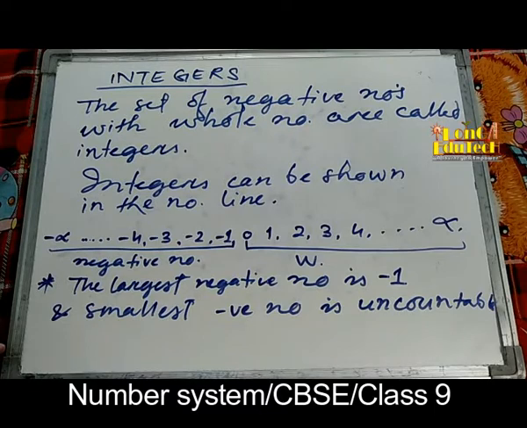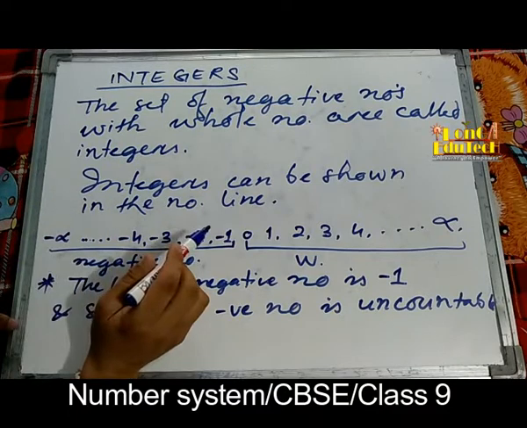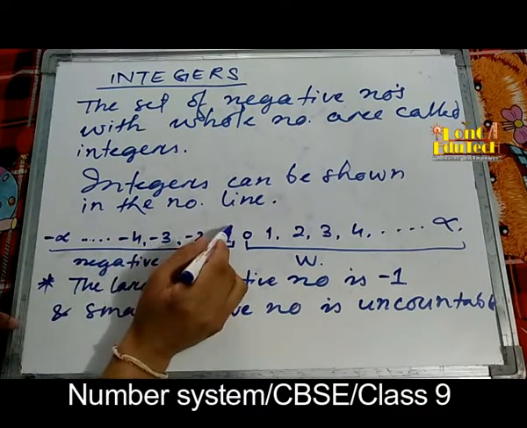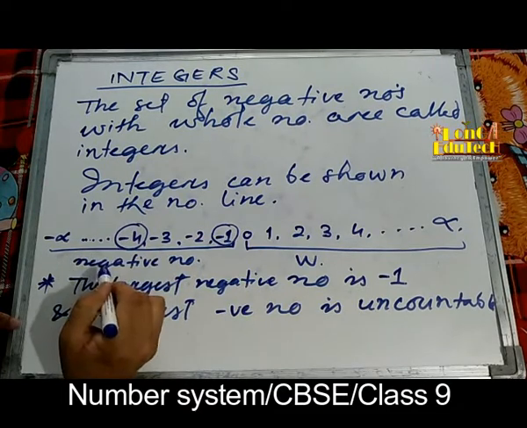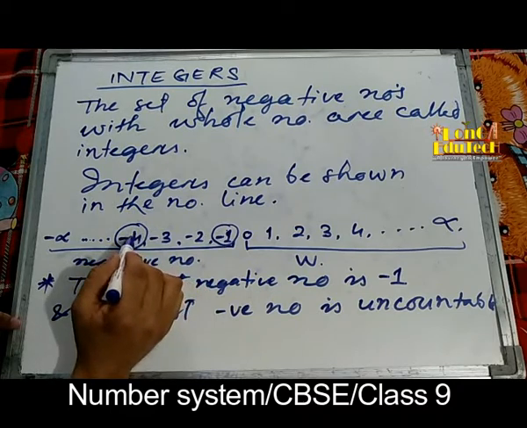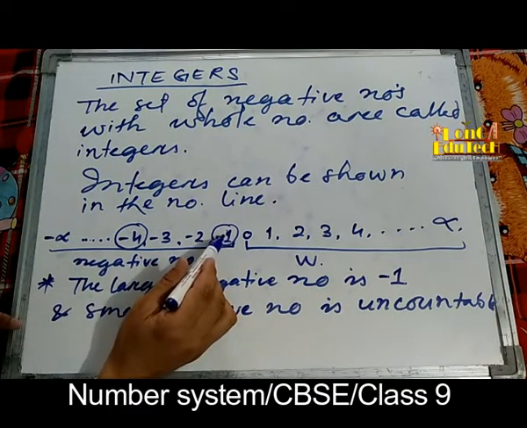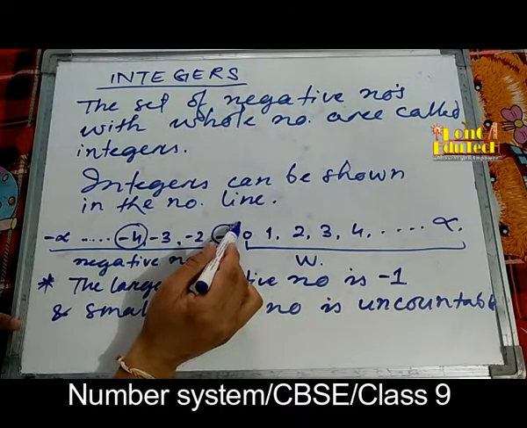But we have to keep in mind that in negative numbers, if we compare -1 and -4, the number 1 is small as we compare 1 and 4. But in terms of value, -1 is larger.